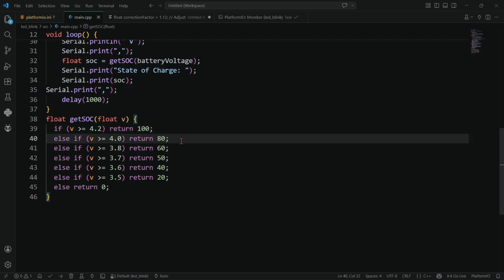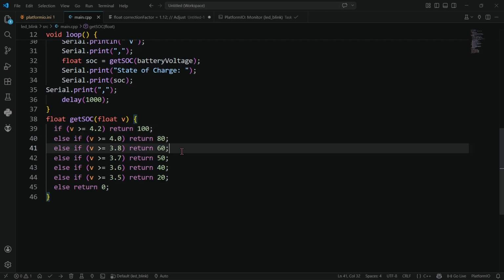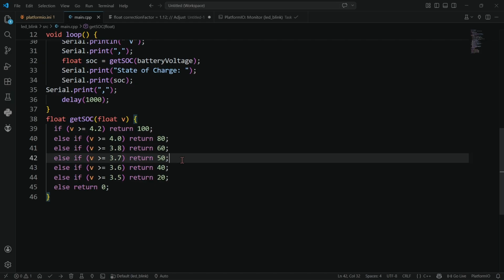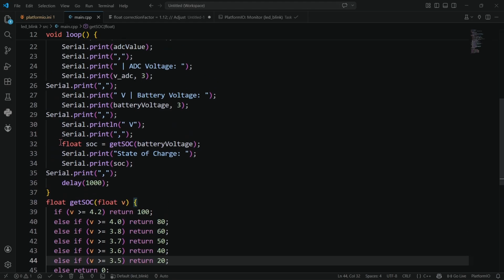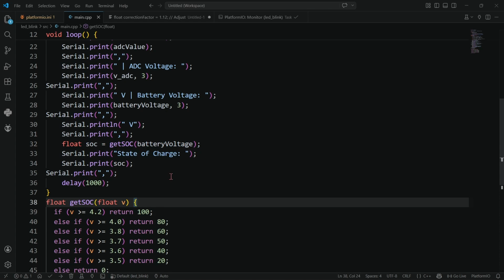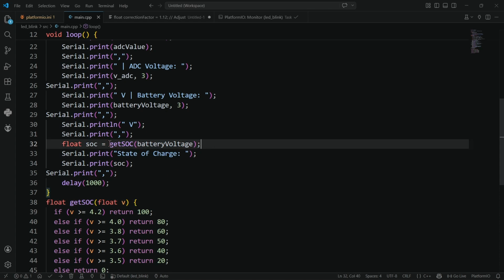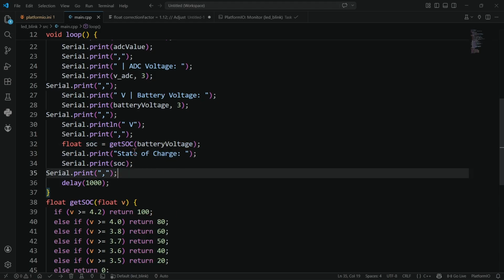Else, if voltage is less than 4, it must be 80%, and so on, 60%, 50%, 40 and 20. Okay, so we are calling the function here. As the percentage is a float value, we are calling it as a float. After calling the function, we get the SOC and we are printing the SOC here.